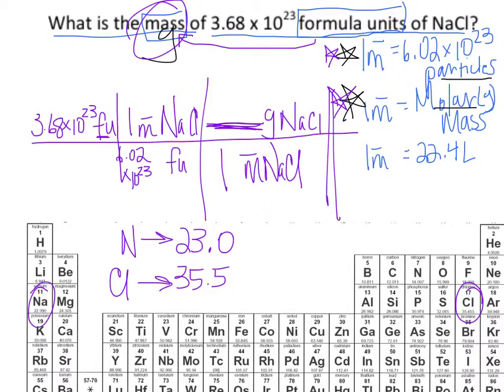And so when you add those two together, you get 23 plus 35.5 equals 58.5. And that's the molar mass.